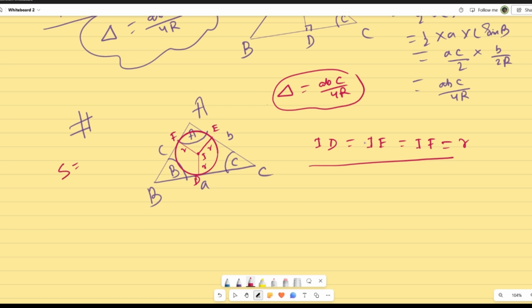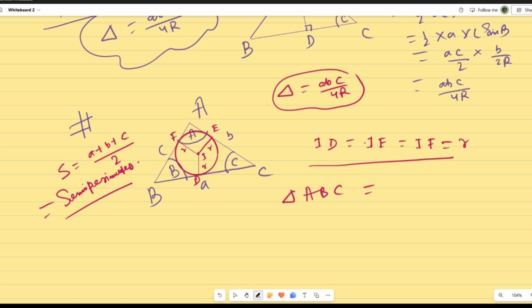We write S is equal to A plus B plus C by 2. This is called the semi-perimeter of the triangle. Okay. So area of ABC will be equal to, just join this also.